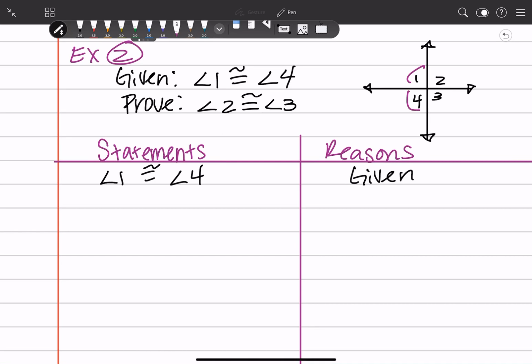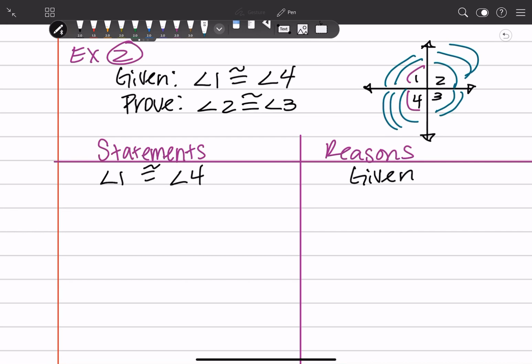All right, well, what we can also tell is that we have a lot of vertical angles because of them being on opposite rays. So notice that angle 1 and angle 3 are also congruent, but angles 2 and 4 are also congruent.